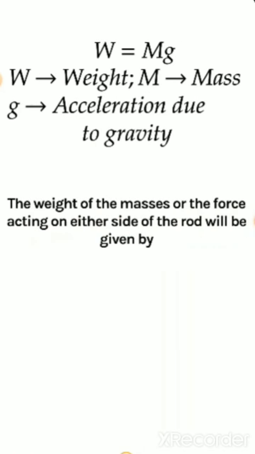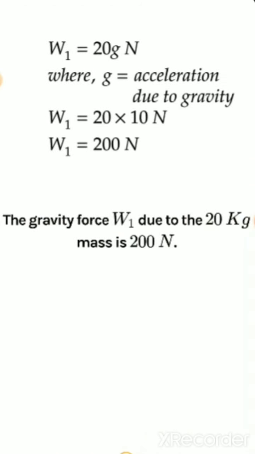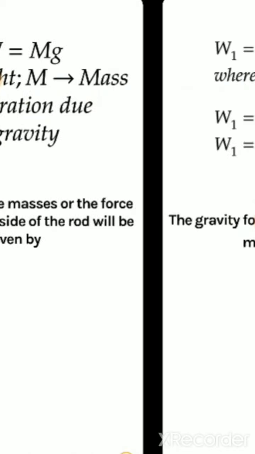Here W is equal to m into g, where W is weight, m is mass, and g is acceleration due to gravity. The weight of the masses, or the force acting on either side of the rod, is given by W is equal to mg.